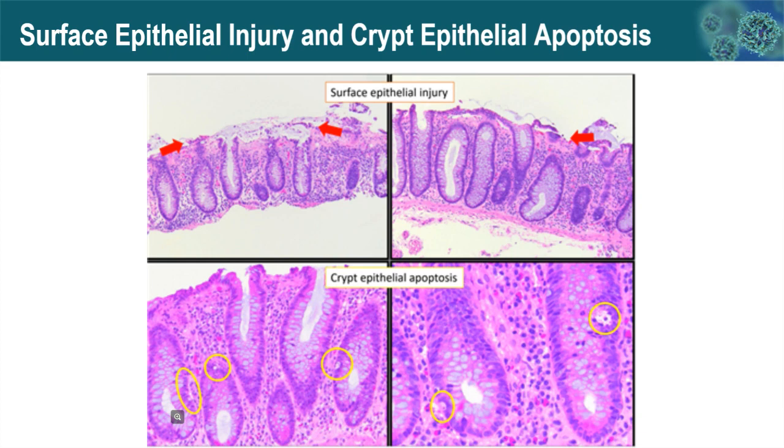So even though there is a histologic mimicking of the enterocolitic pattern of injury with collagenous colitis and lymphocytic colitis, endoscopically the appearance is completely different.